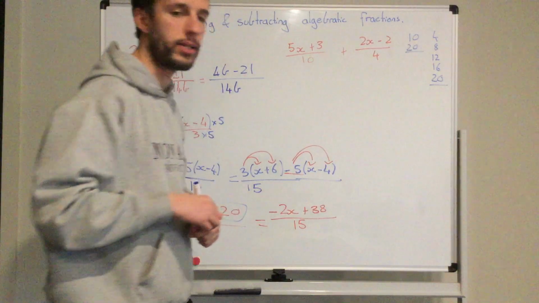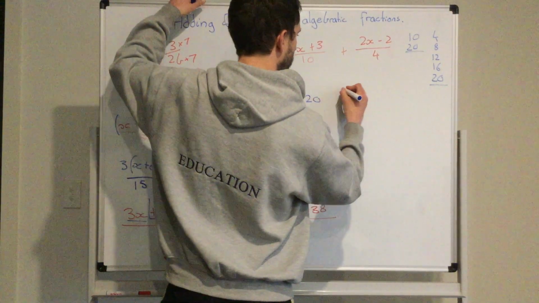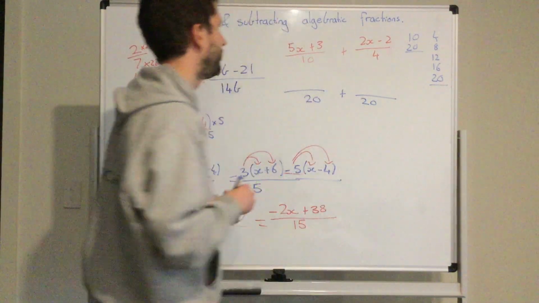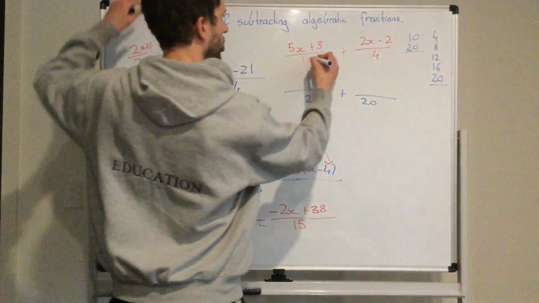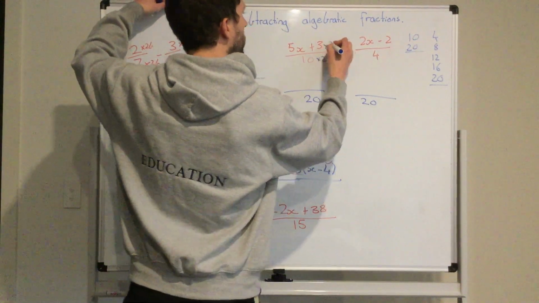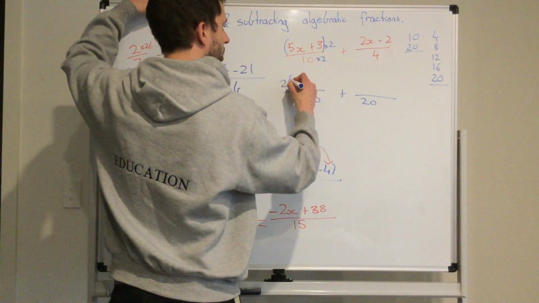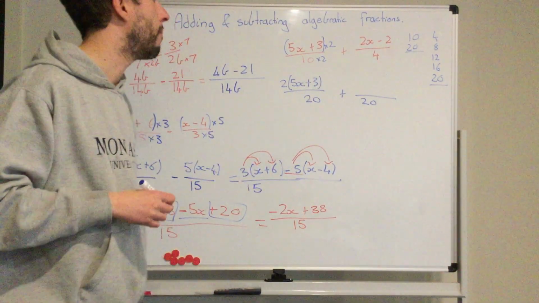I know 20 is. So 20 will be my denominator. What did I do to 10 to get to 20? I times it by 2. So I times the top by 2. Remember, we use brackets to show the 2 is multiplying by everything on the top.